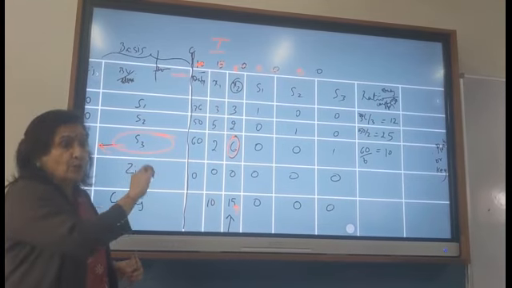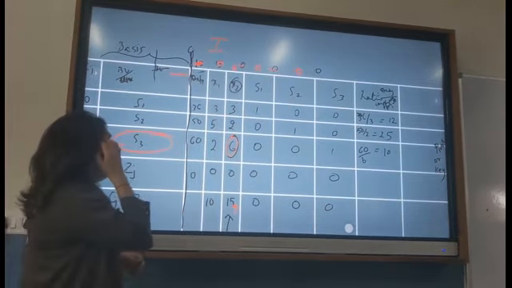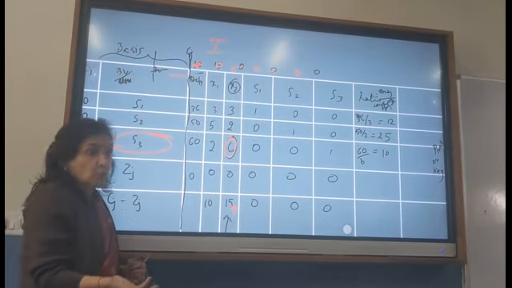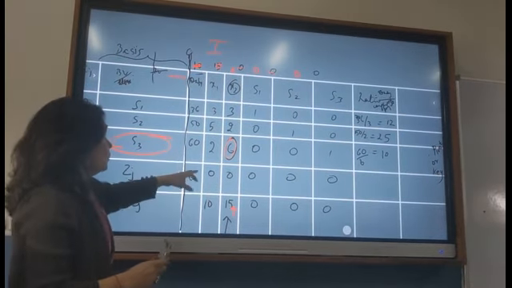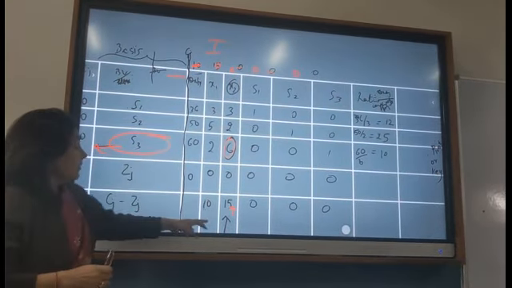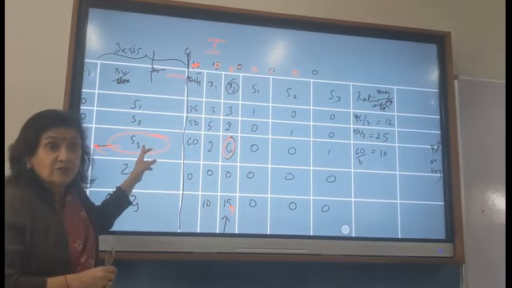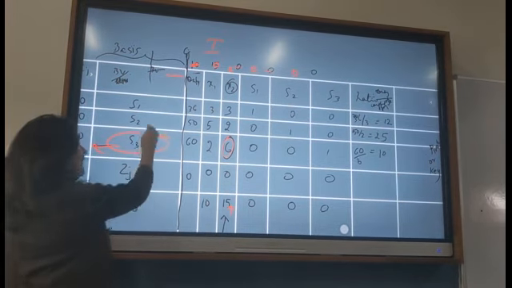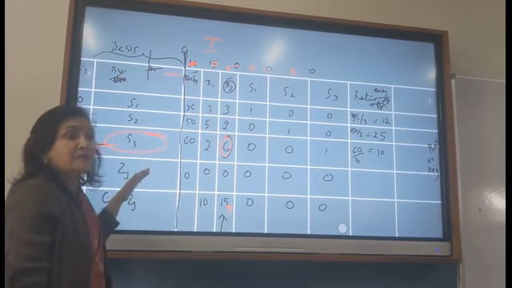It is common to the pivot column and the pivot row. Now after this we make our table 2. Two things to remember. In table 2, I will enter x2 only in the place where s3 was. I cannot change the order. I cannot write x2 first and then s1, s2. No, let the order remain the same.